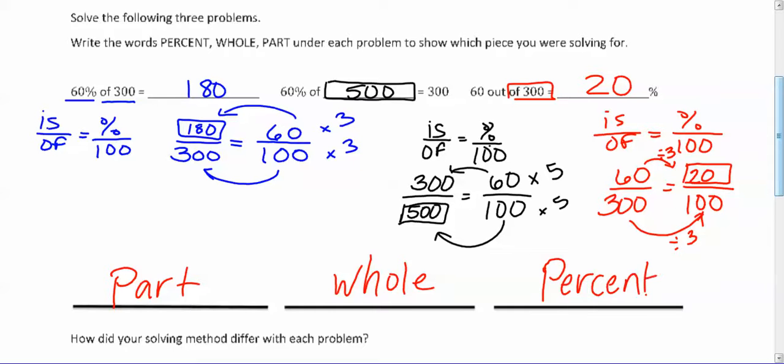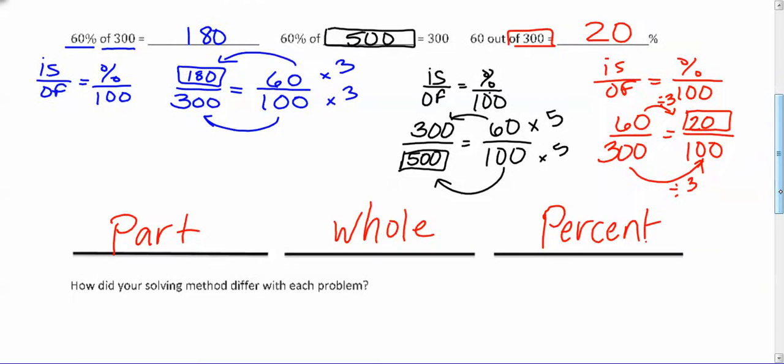And the last question here says, how did your solving method differ with each problem? Does anyone have anything they'd like to read that they wrote? Nobody said anything? You want to give it a shot, Ryan?